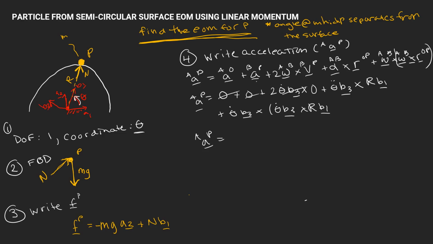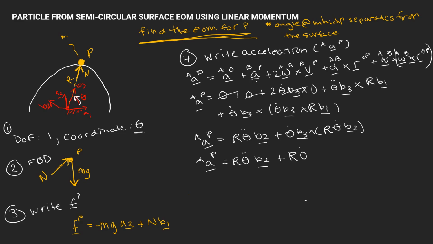All of these terms go away, so what we're left with is R theta double dot B2 plus theta dot B3, and here we have R theta dot B2, and finally we get to R theta double dot B2 plus R theta dot squared, and then this ends up being a negative B1.